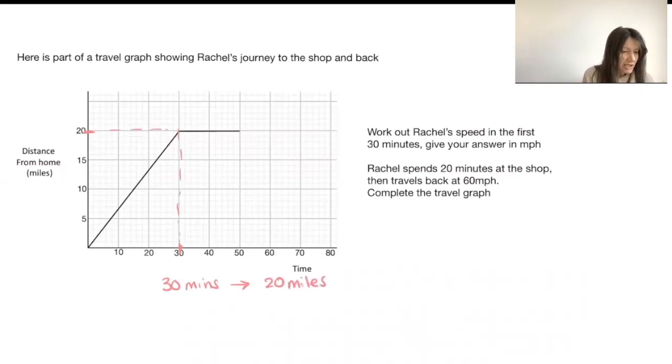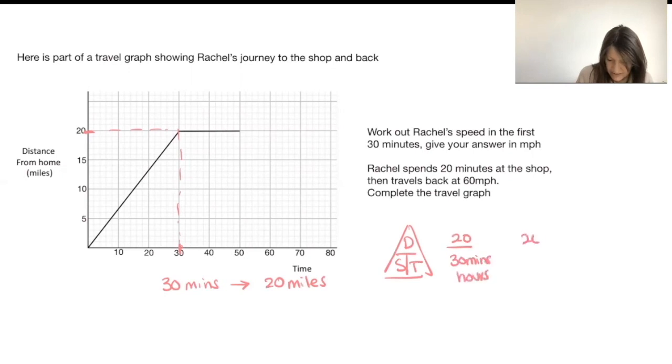Now, if I'm going to be using my speed distance time, so let's just do that. We had to work out the speed. So my distance is 20. My time is 30 minutes. I need to be mindful that I need that in hours. So I've got 20 divided by 0.5 because I want half an hour going in there. And that would give you 40.